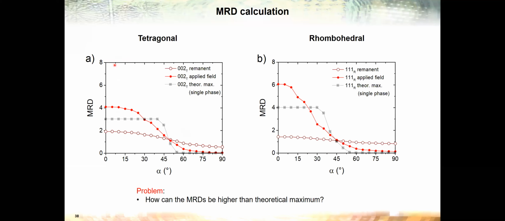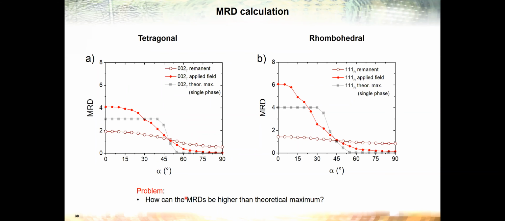That was initially a problem for us, because we did a refinement of this BNTST, and the result was that for the tetragonal phase, we have a maximum texturing of 4, and for the rhombohedral, a maximum of 6. Here in gray, you see Jacob's maximum texturing, and it's clearly above that. So how is it possible? How can we have higher MRDs than the theoretical maximum?